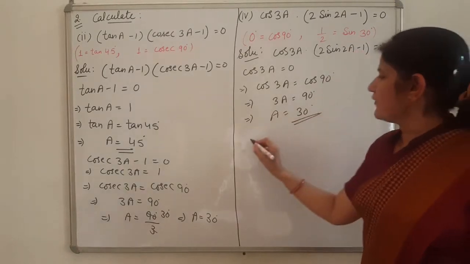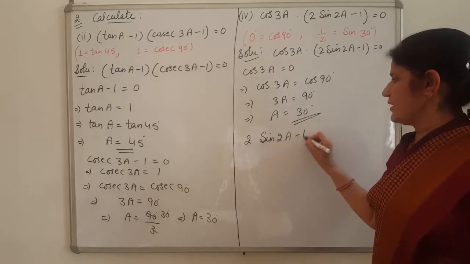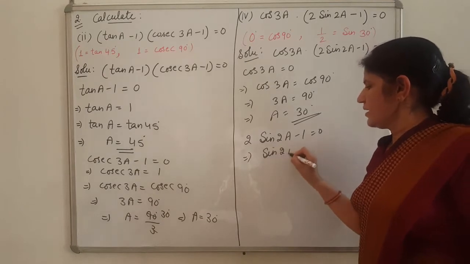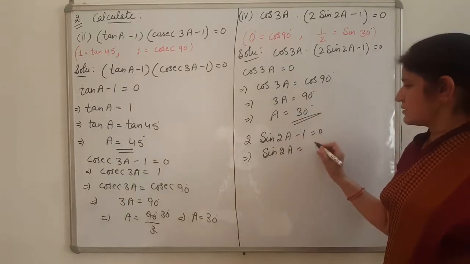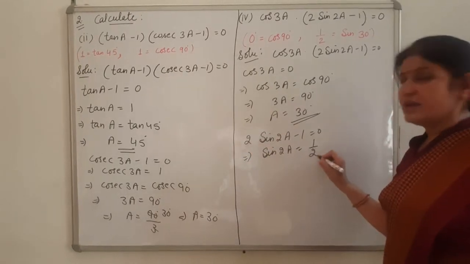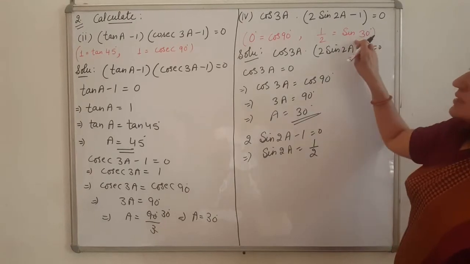Now we'll take the other factor and keep it equal to 0. So sin 2A equals 1 over 2. The 2 comes over as a division. So 1 over 2 is the value of sin 30.